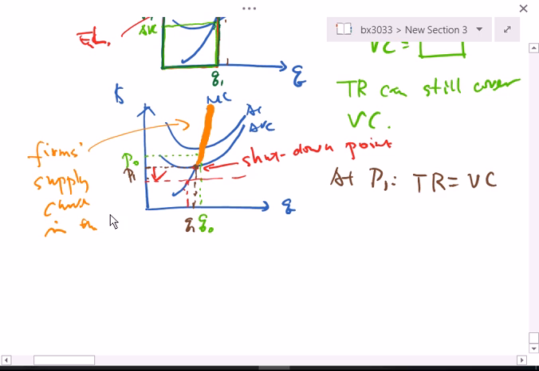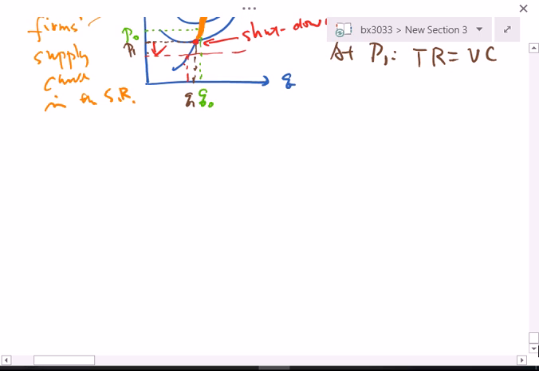In the short run, it is this marginal cost curve above the shutdown point. Okay.